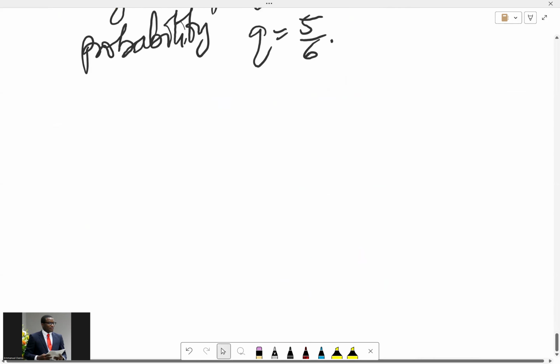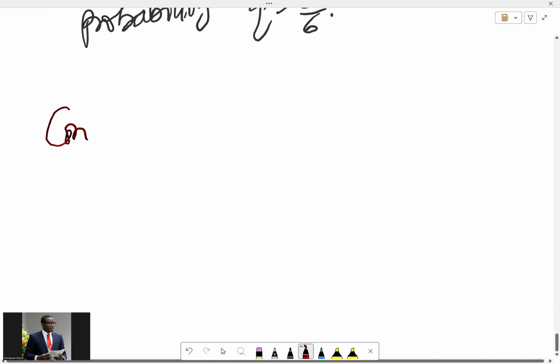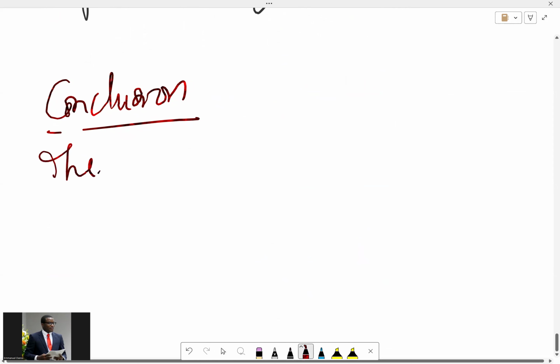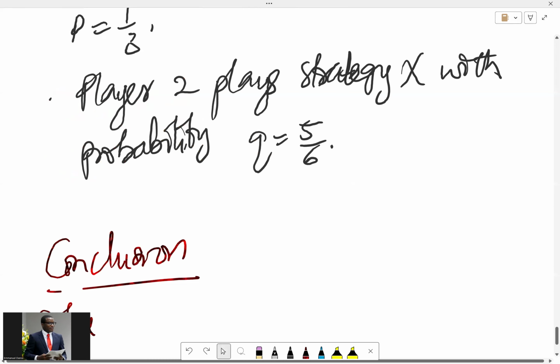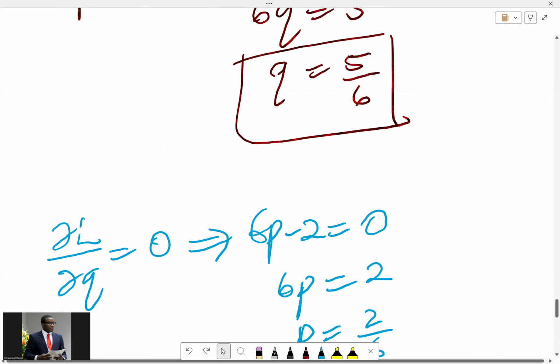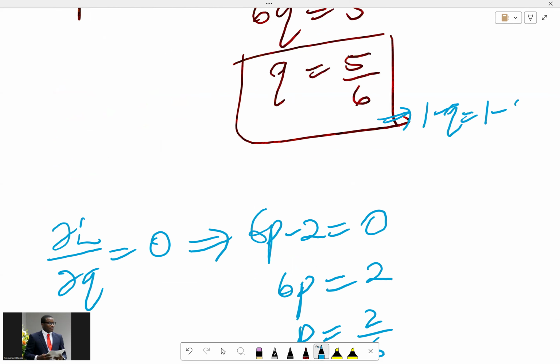Okay, so in conclusion, since we have all this now, we also know that 1 minus Q will simply be 1 minus 5 over 6, and that is simply 1 over 6.